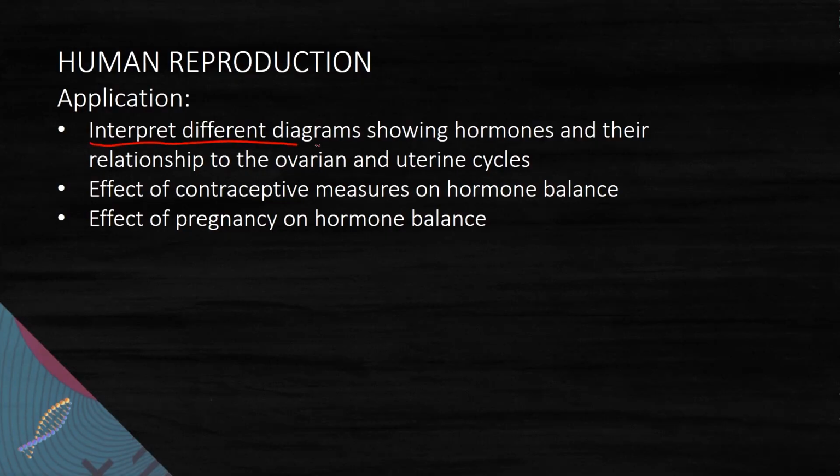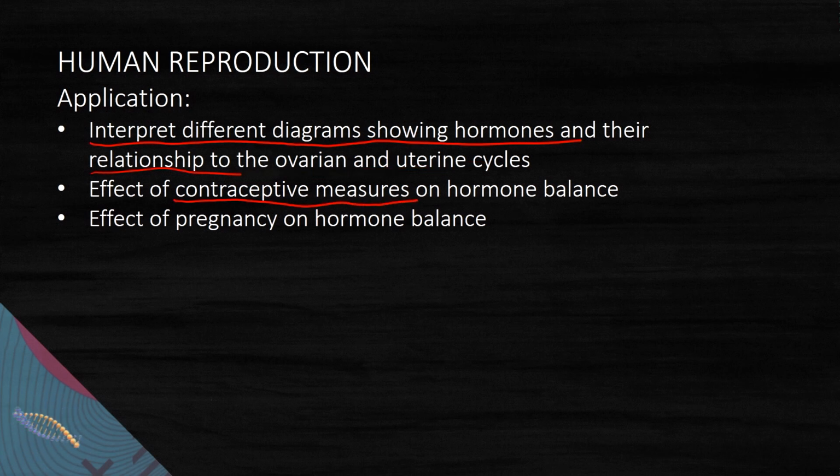Quite a few of the questions involving this also test your application skills. So your application skills, you have to interpret different diagrams showing hormones and their relationship. Then you also need to know, and I'm sure you will have done in class, how contraceptive measures work.